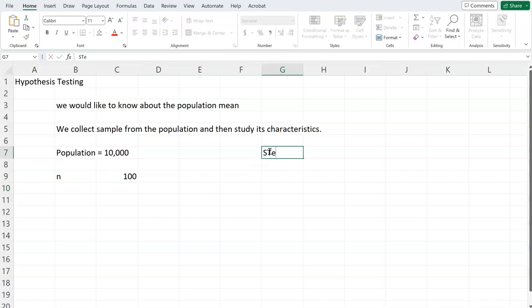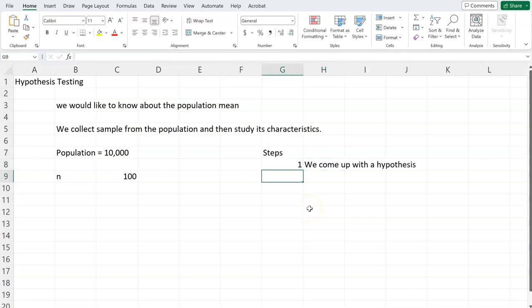So what are the steps of any kind of data collection and analysis that we do? Even before we collect data, we first have to realize what we are doing. What are we trying to collect? So the first step is we come up with a hypothesis and try to figure out what this hypothesis is about.